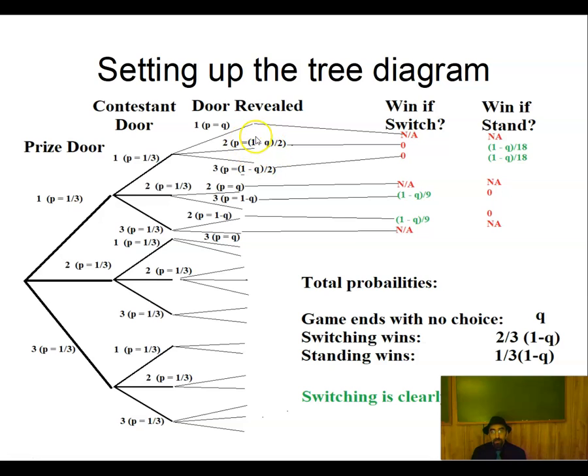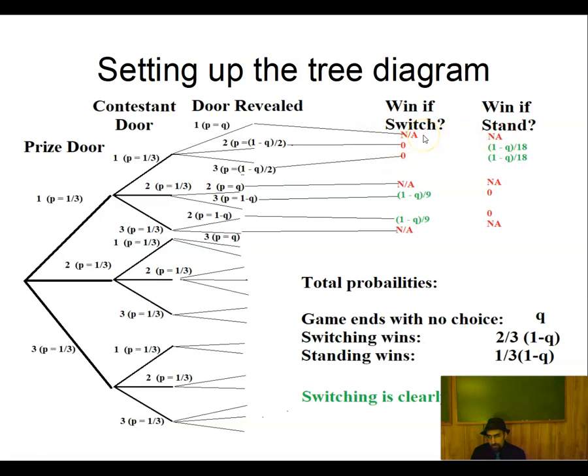In that 1 minus Q chance of no endgame being immediately triggered, then you split the possibilities, right? Half of the time in that situation you open door number 2, half the time you open door number 3. Now clearly, if the contestant had chosen the correct door right away, if that door is revealed, there is no chance to switch, right?